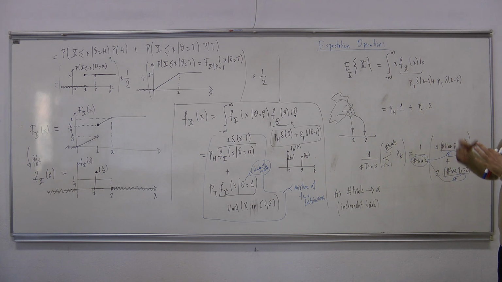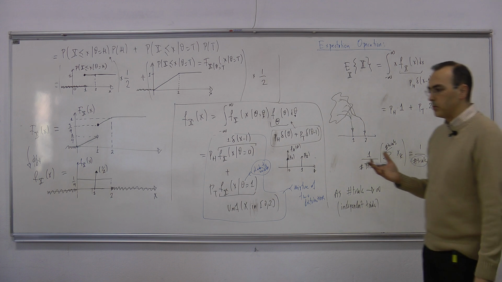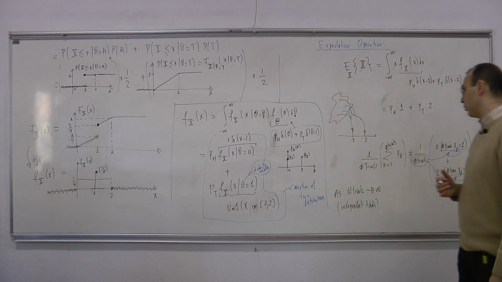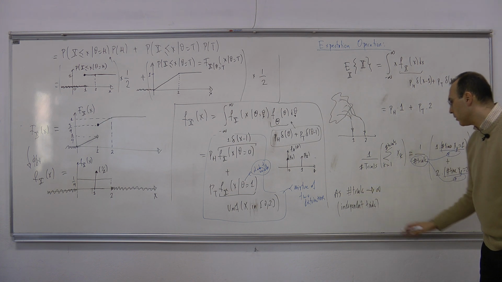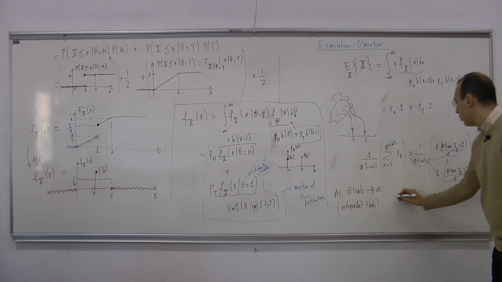Independently, you have a different person and you ask every person's opinion. You meet different people. You are not asking the opinion of family members and so on, because their opinions are somewhat dependent on each other. So as the number of trials goes to infinity, what do I see?